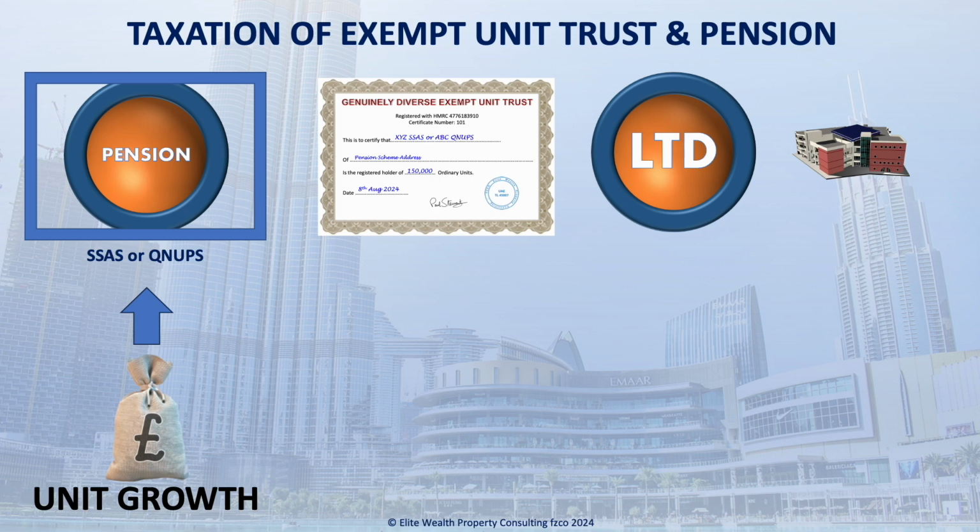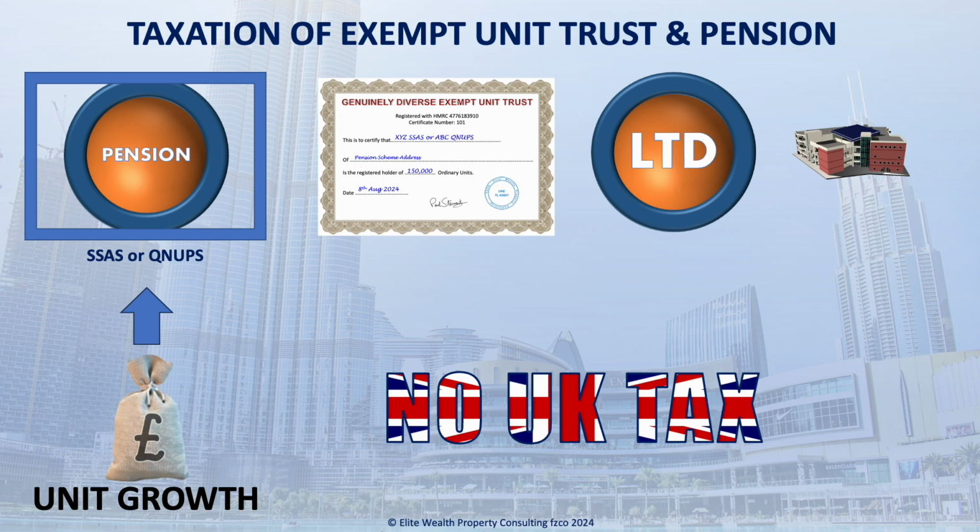So you will legitimately have no UK tax to pay on any of those property arrangements. Again, as I keep saying, not tax avoidance, it's just statutory. Pensions by statute don't pay tax on investment returns. Exempt unit trusts, again, are exempted from paying corporate taxes because with a unit trust, the taxes are moved up to the holder of the units.